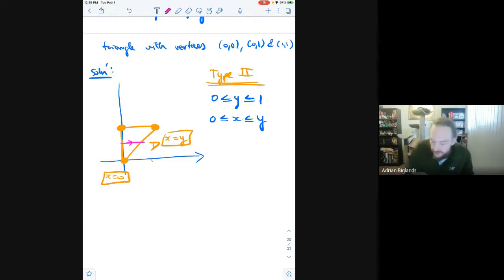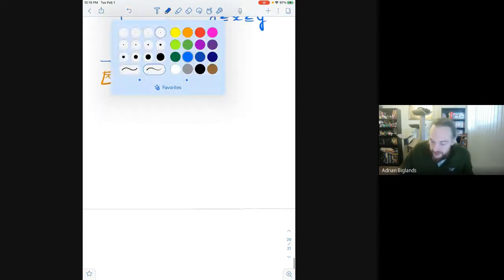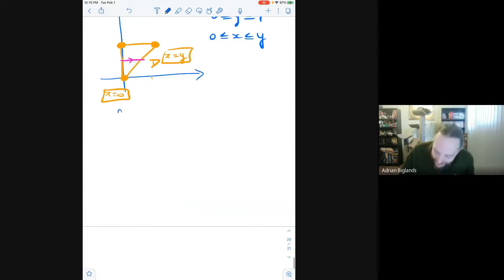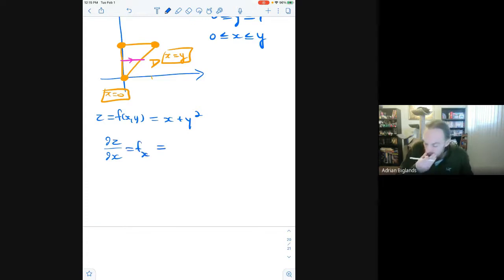My function, first of all, crash course in partial derivatives, f of x, y, which we call z, was x plus y squared. So the partial of z with respect to x, which is fx, I hold y constant, and we're just going to get 1. The partial of z with respect to y, which we call fy, is equal to 2y.